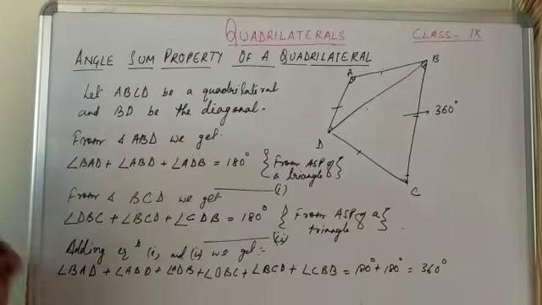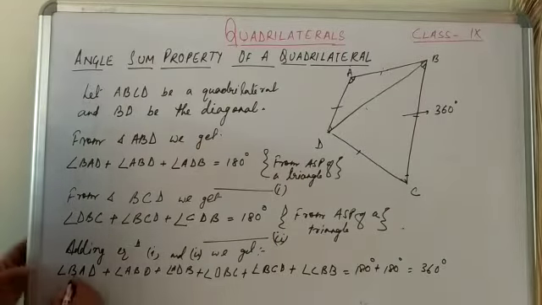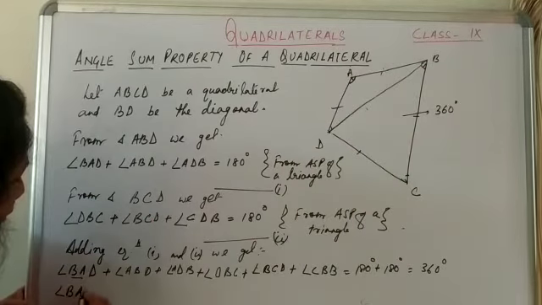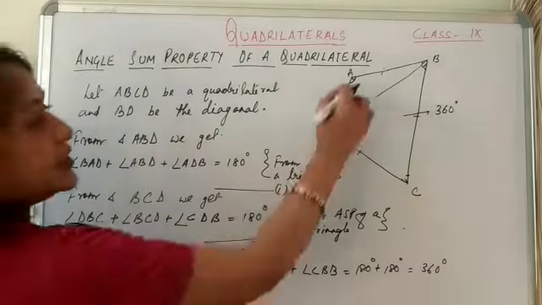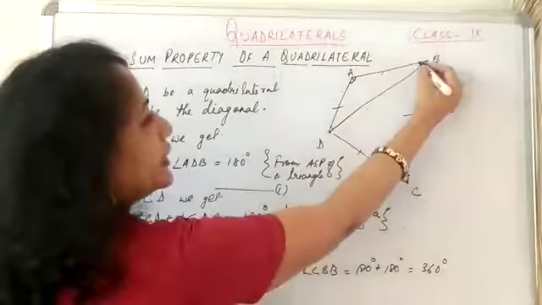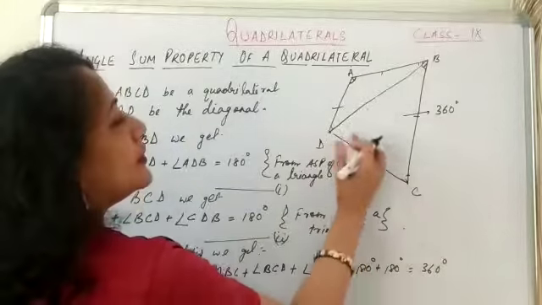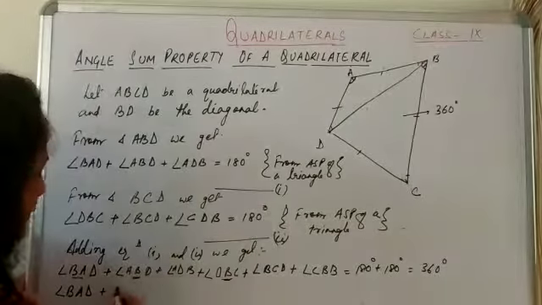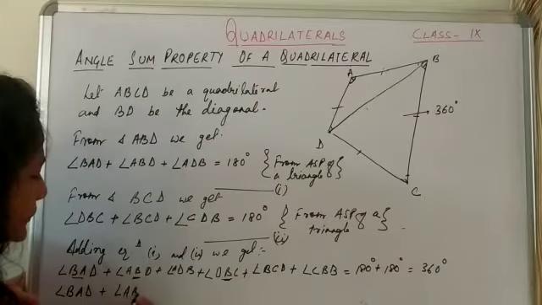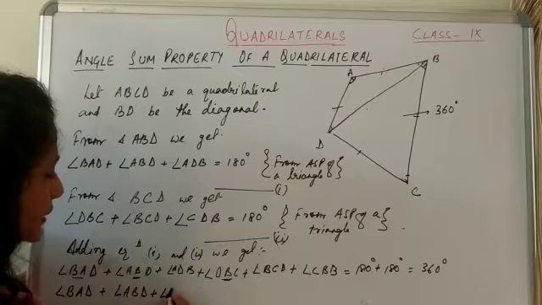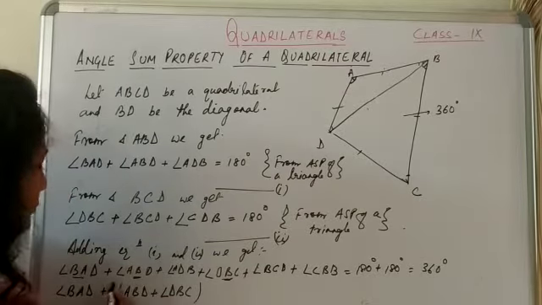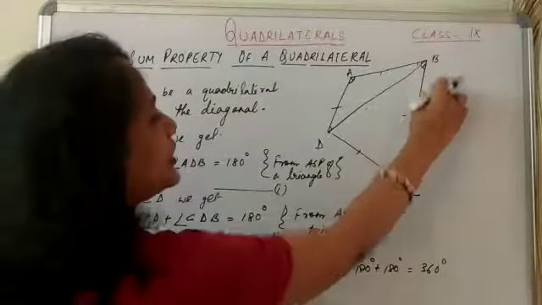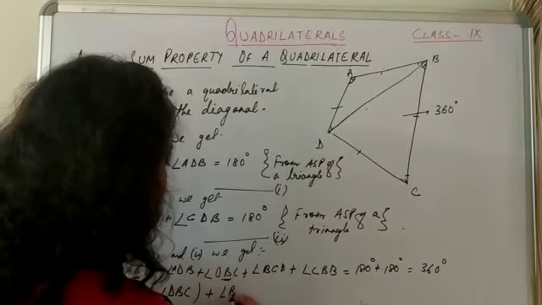Done? Now, here we can join a few of the angles together. How? This is angle BAD. I am writing here BAD. Now, ABD. We can combine ABD with DBC. Both the B angles, let's write them together as angle ABC. Now for triangle BCD, angle BCD is alone, so leave it as it is.